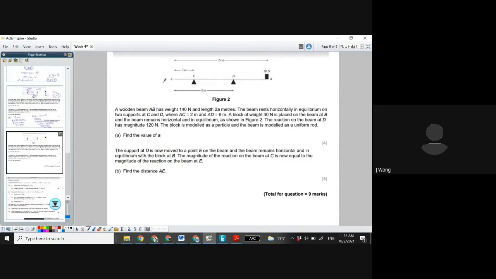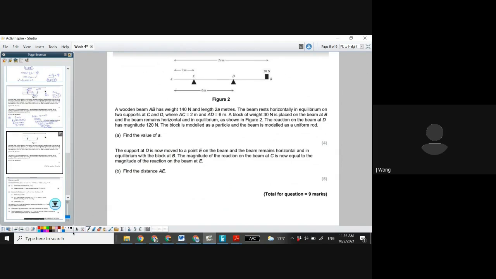Now for part B, they say the support D is now moved to E, and it still remains in equilibrium, while nothing else changes. So when you have been working with a system like this, even if they just shift the support by one notch or something, you still need to recalculate all the reaction forces.